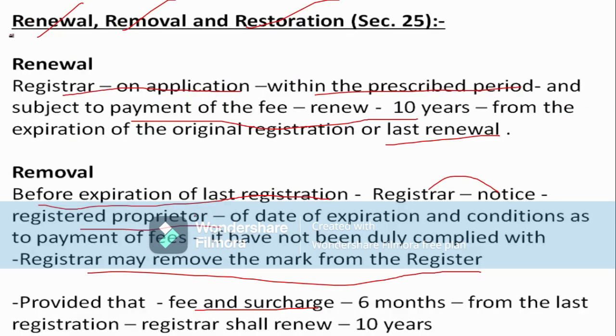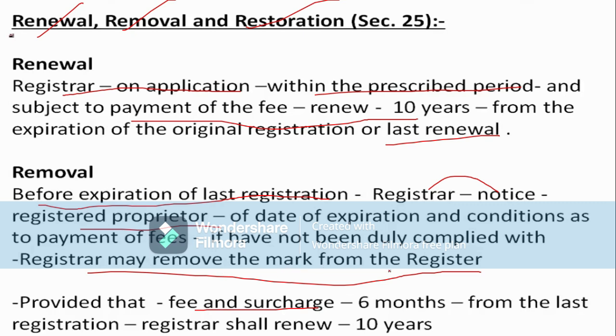See here, if the applicant has not complied according to the provisions of the trademark office and has not responded, then the registrar will remove the mark from the register.